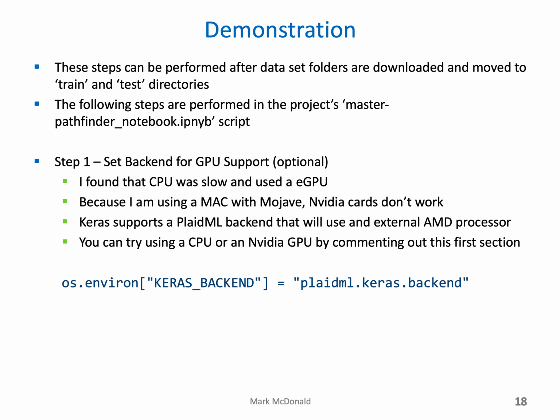You can't use NVIDIA processors with Mac Mojave, so in order to use the eGPU, I was limited to PlaidML. This option can be commented out without any problem, and with the toy data, this data set can be easily compiled and created with just CPU.